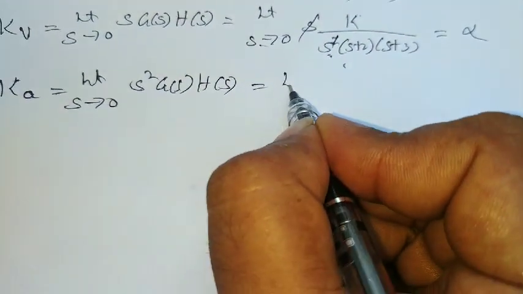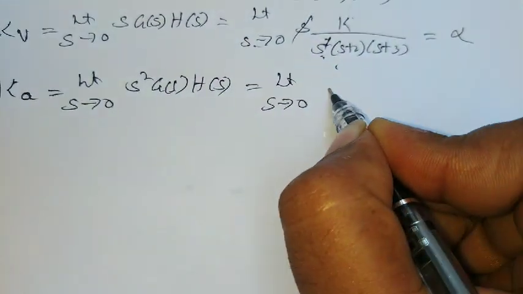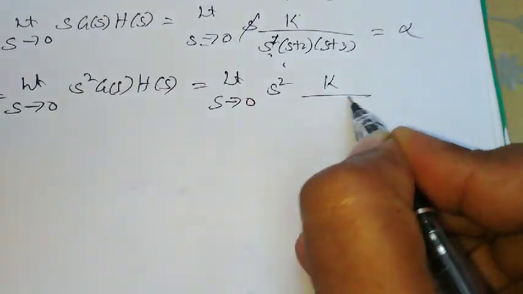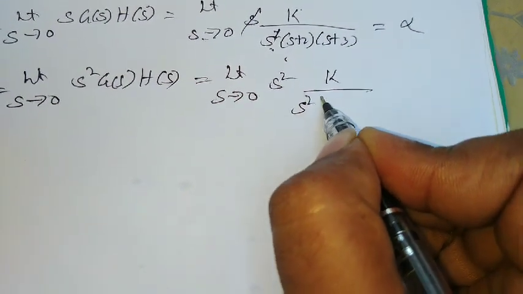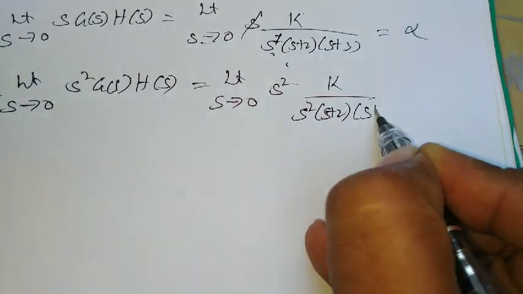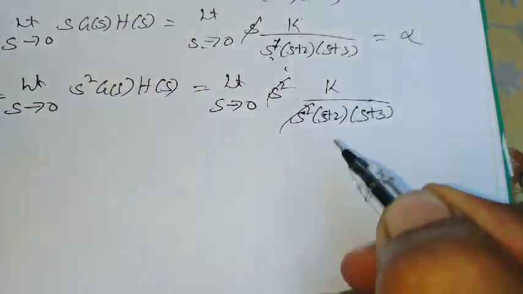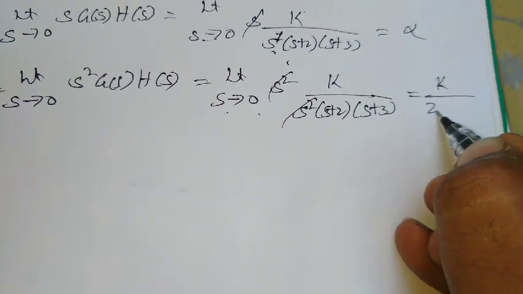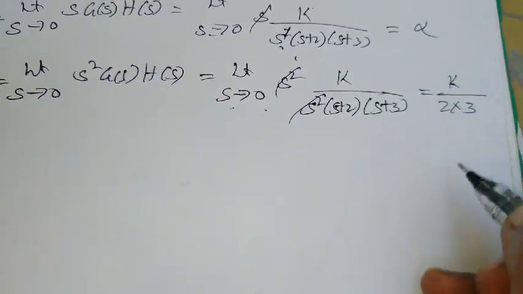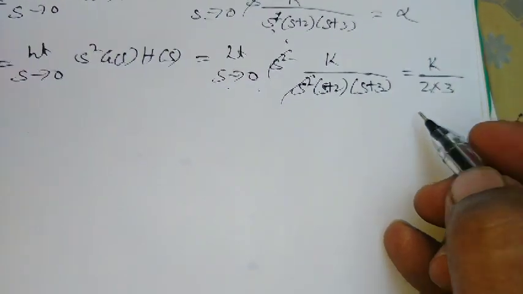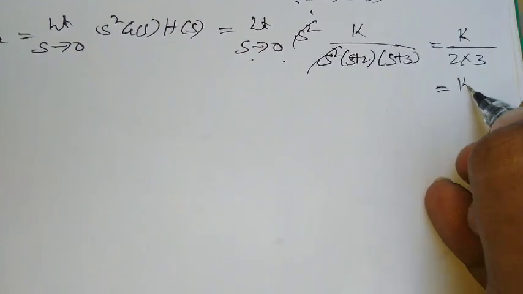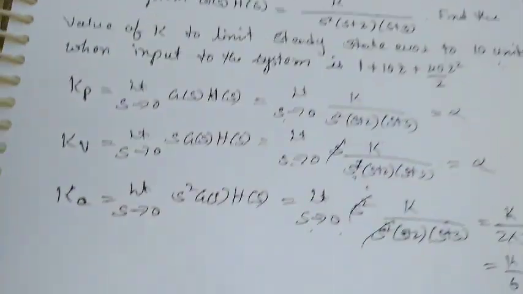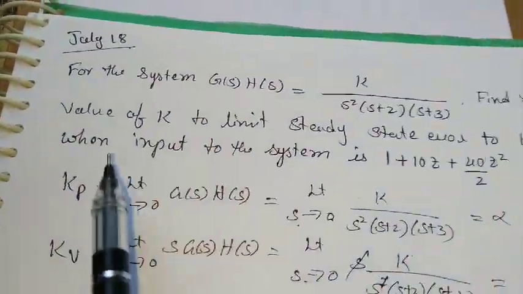If I substitute, s square gets cancelled. If I substitute s equal to 0, I'll get K divided by 2 into 3, that is K by 6.